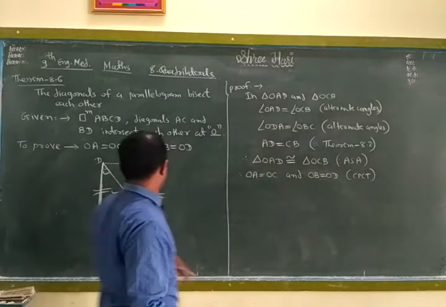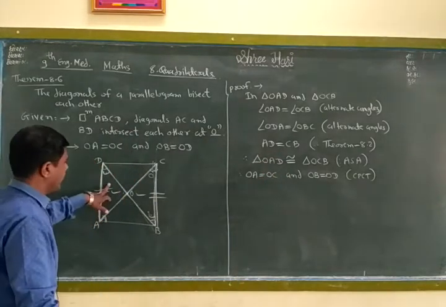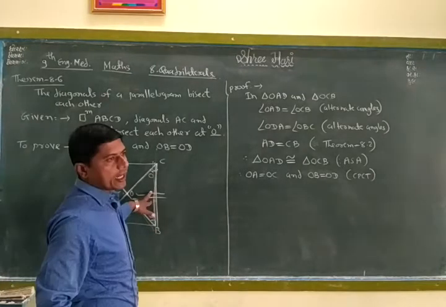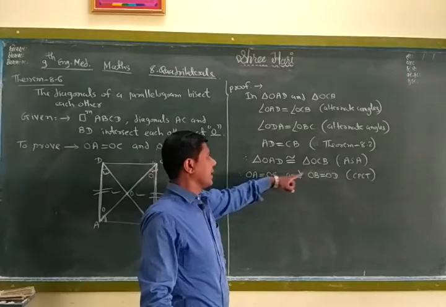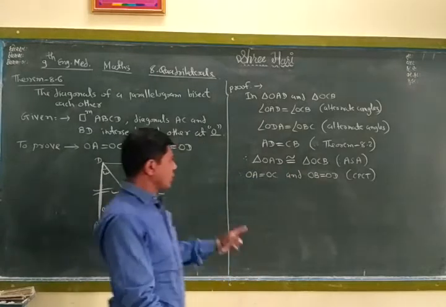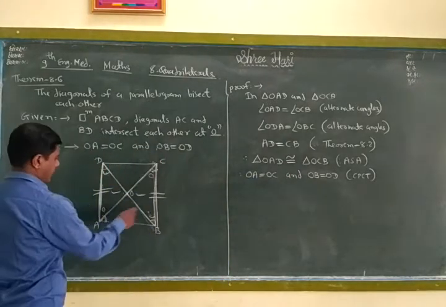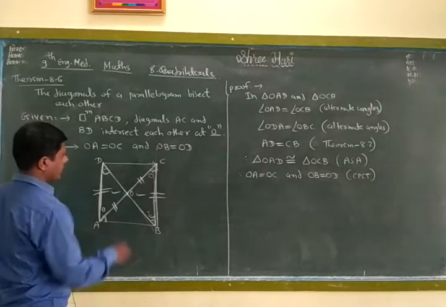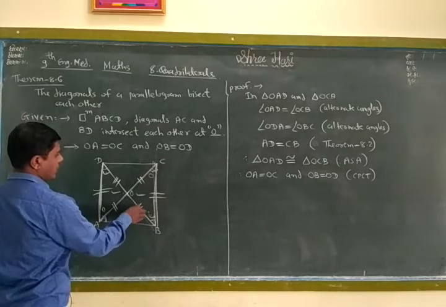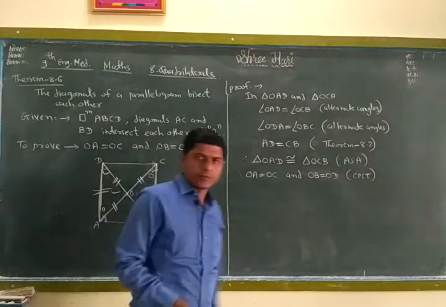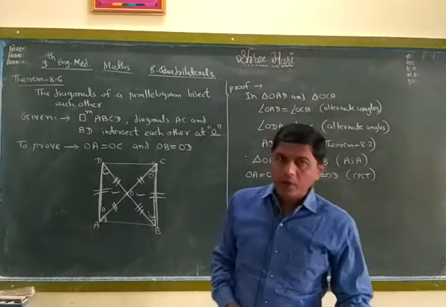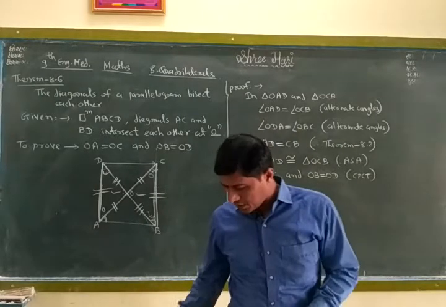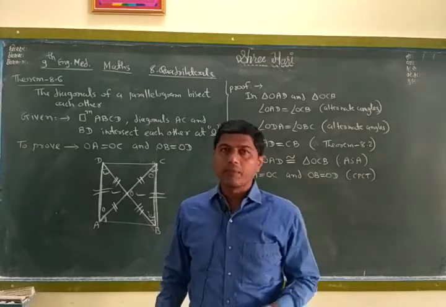So triangle OAD is congruent to OCB by angle side angle, so we can say OA is equal to OC and OB is equal to OD. Finish this. Now only for these two, 8.1 and 8.6 are the theorems with proof.